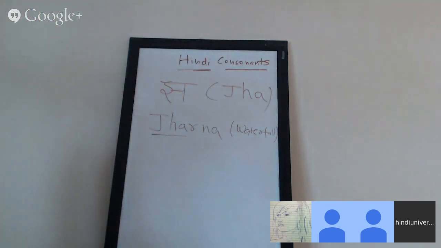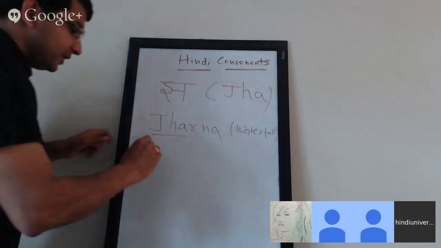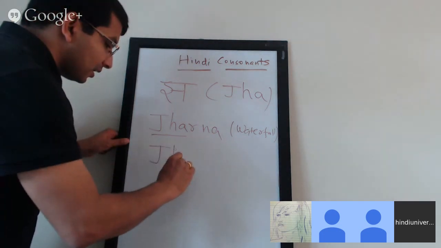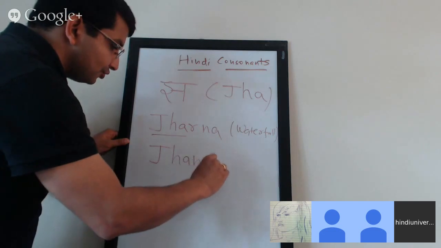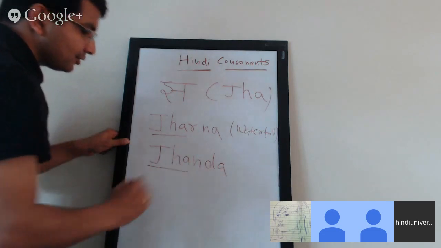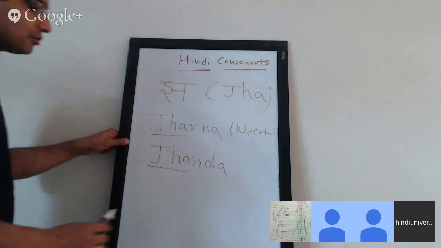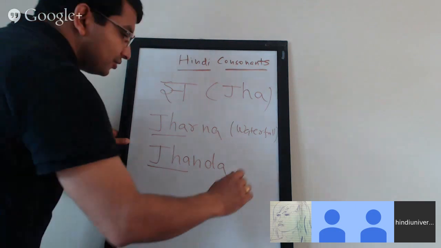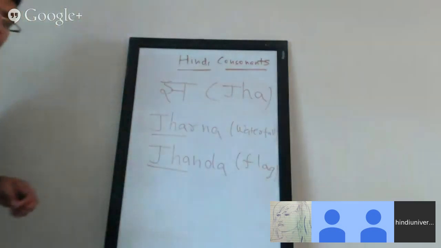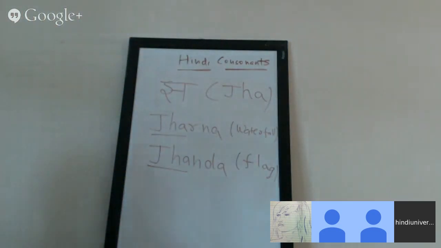Jharna. Waterfall. Next one would be jhanda. Jhanda. So here also the sound is jha. Jhanda is nothing but your flag. It could be the flag of your state or country or your team. It's jhanda.